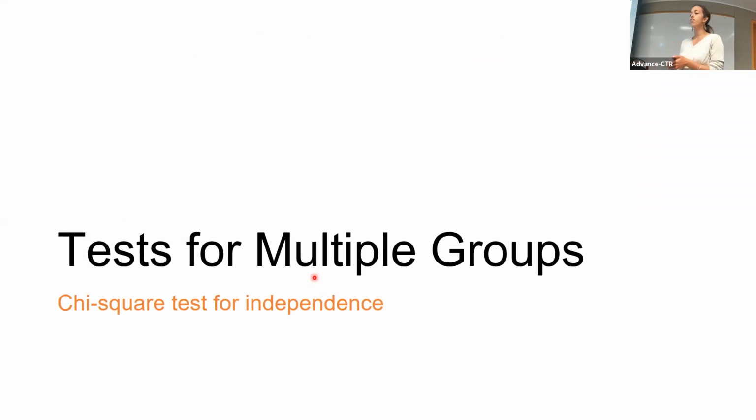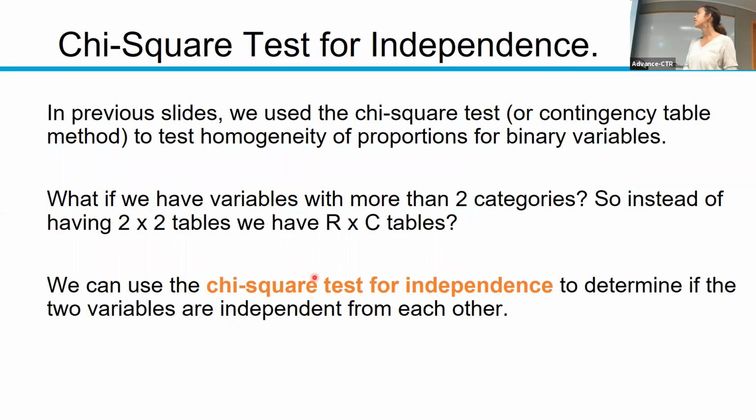One other thing that Jess and I wanted to cover today is what happens when you no longer are dealing with 2x2 tables, but rather when you have two variables that have multiple groups. So they don't just have two potential options, but instead there's more than two potential options. What I mean by this is that rather than dealing with just 2x2 tables, which is what we've been dealing with for this entire lecture, what happens if instead we have R by C tables?